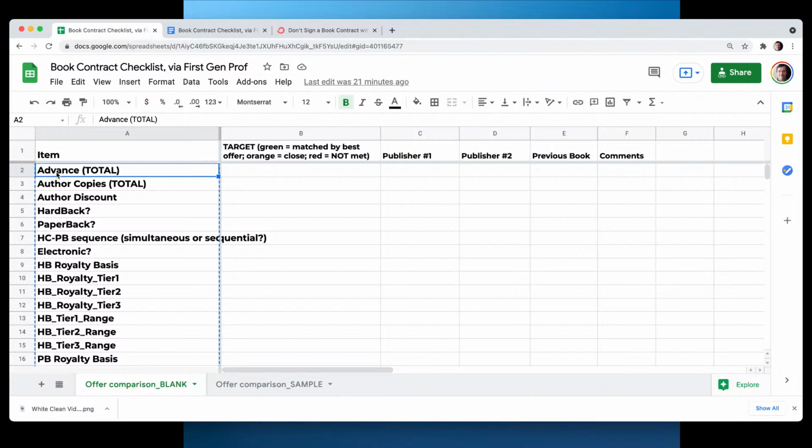The advance, this first issue of advance. So as I mentioned before, there are some contracts in which the publisher is eager to get you to sign with them. They want to show a good faith interest in your work, and especially if they're competing with another press for your work.